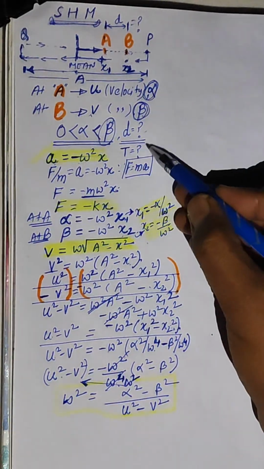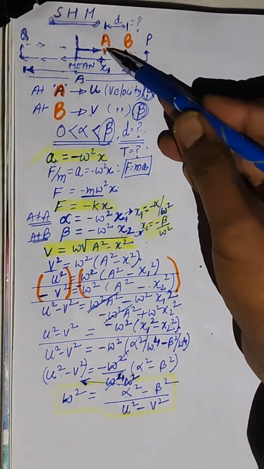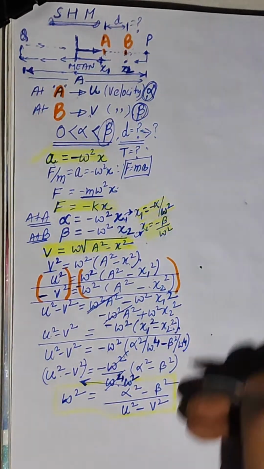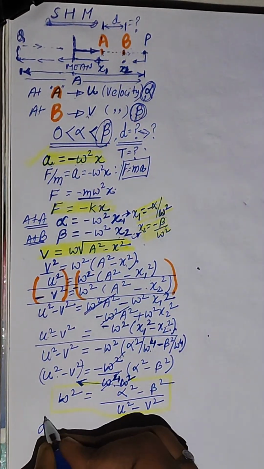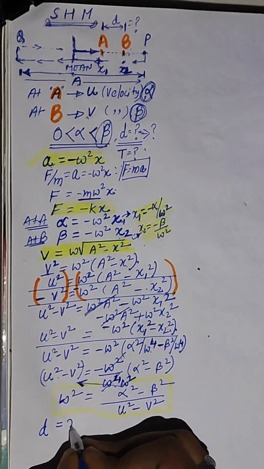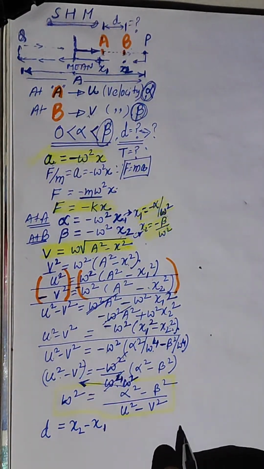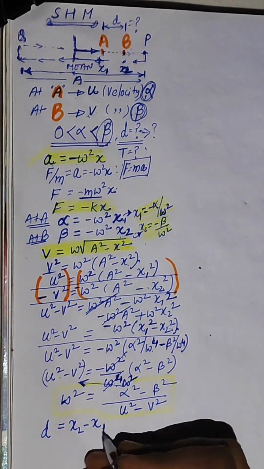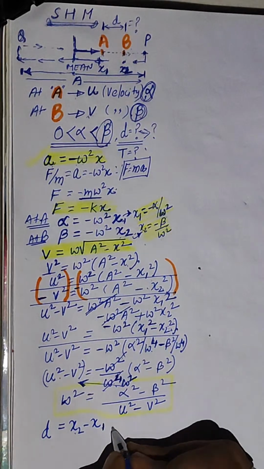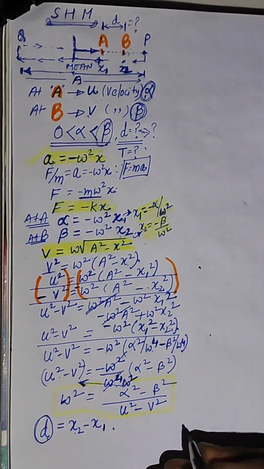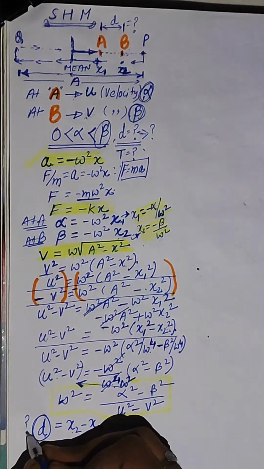So the distance between the two positions B and A was about to be calculated. This D is nothing but x2 minus x1, isn't it? This is D. This is the question to us, right? What is the value of D?